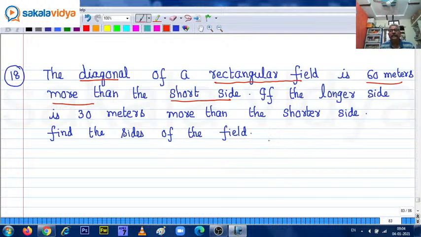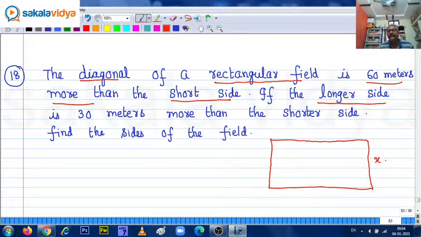So if you draw the rough figure for the rectangular field, it is in the shape of a rectangle. Generally this is the shorter side, say x. This is the longer side. Say this is b, breadth. Length is the longer side, L. L will be 30 meters more than the shorter side, that means x plus 30.